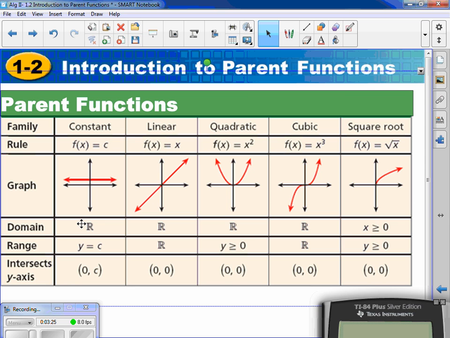The square root function starts here and just goes off to the side. There's a reason why there's nothing else over here. Anyone know why? What do you know about square roots? What about negatives? Why?